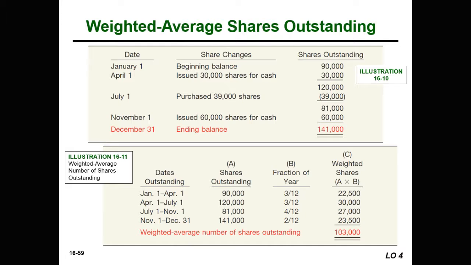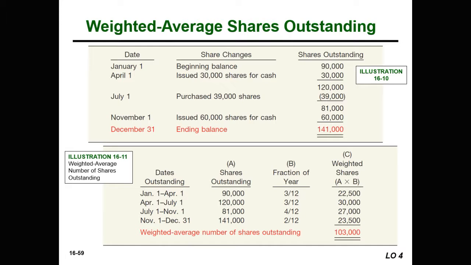We multiply it by what that period is. So January 1st through April 1st is 3 out of 12 months. So it's 3/12. We multiply the number of shares by the fraction of year to determine what the weighted shares were. We do this for every time we had a change.